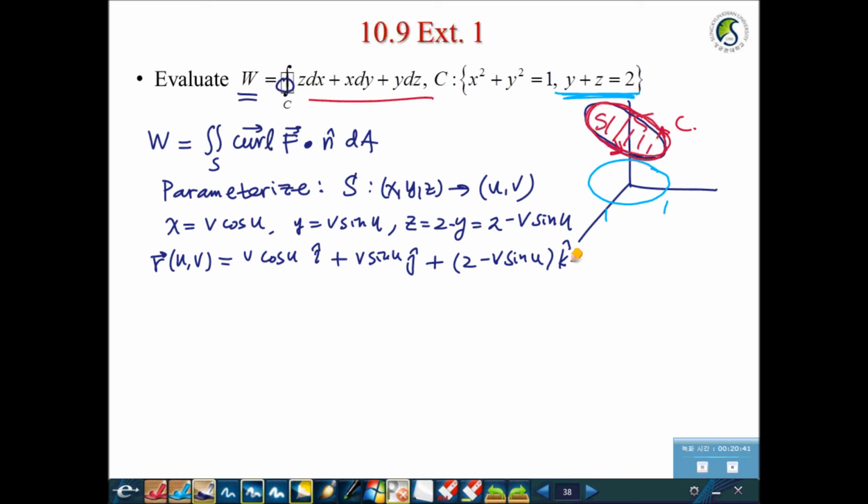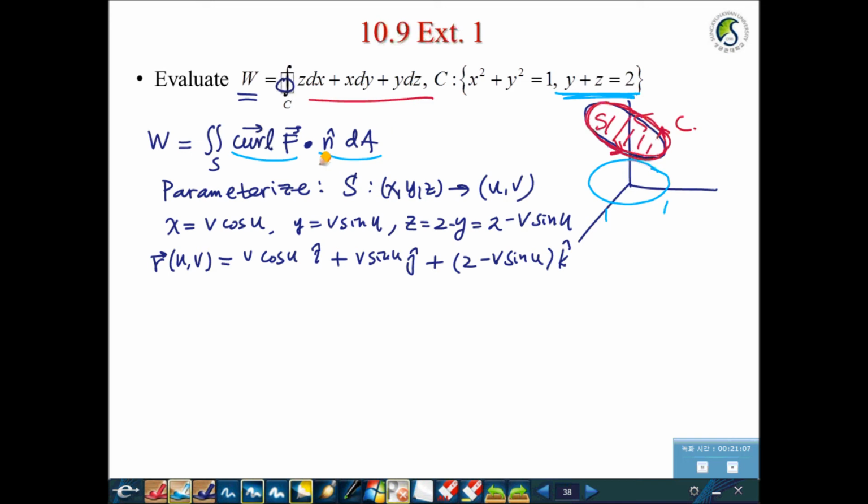And now what? We can get the curl, and we need to identify the direction vector for the surface.